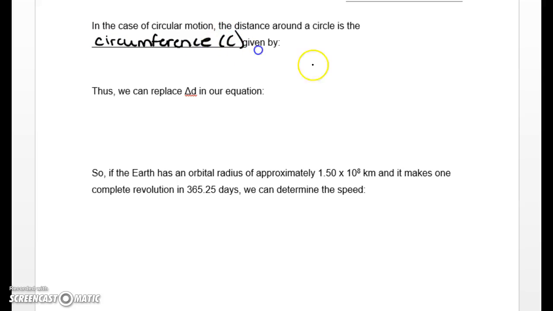We can denote that with a capital C. If you remember back to grade 9 math, that is 2 pi r if you're given your radius. There was a different equation if you're given your diameter, but typically in our cases here, we're just going to be working with our radius.